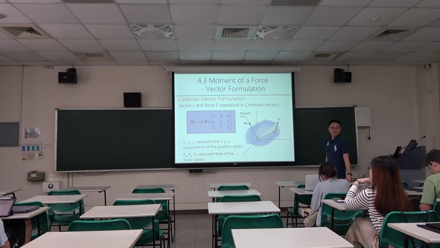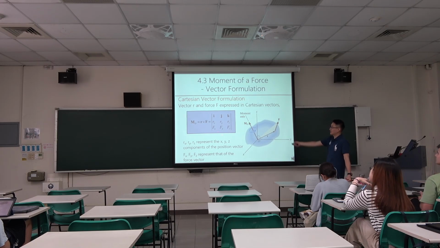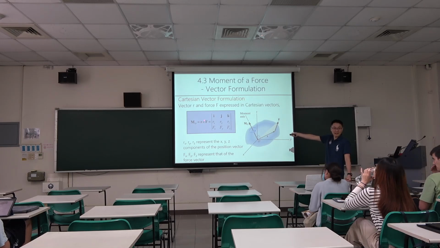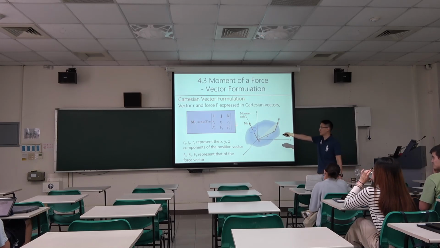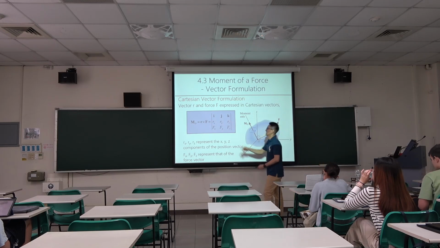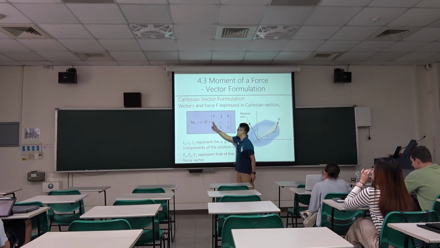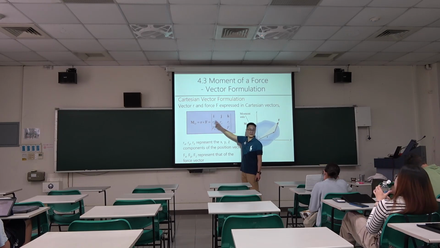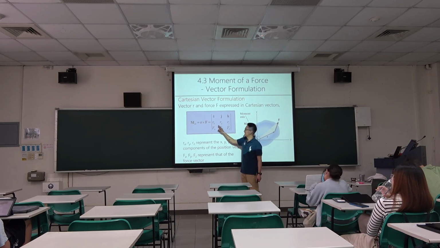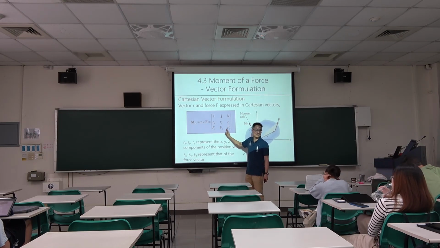Okay, so use cross product, position vector cross force vector. Previously we had vector A cross vector B. So first we should list them. Vector A is this one, so that's the position vector component. Then vector B is the force vector.